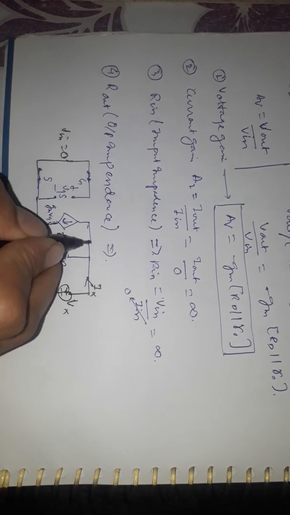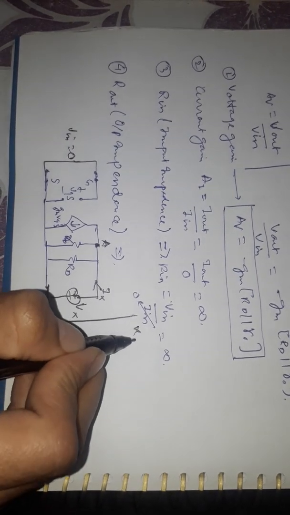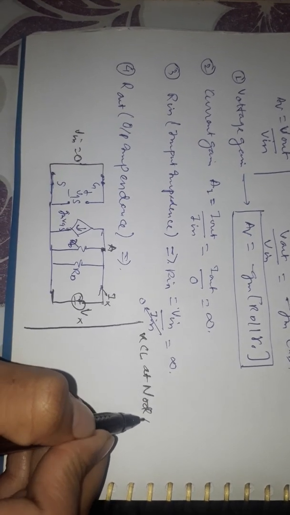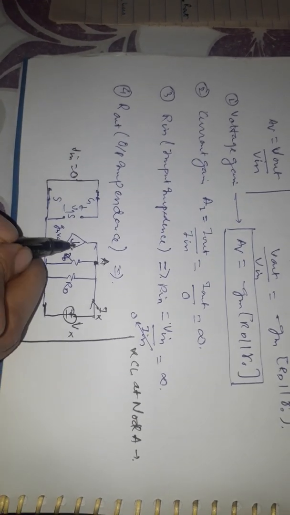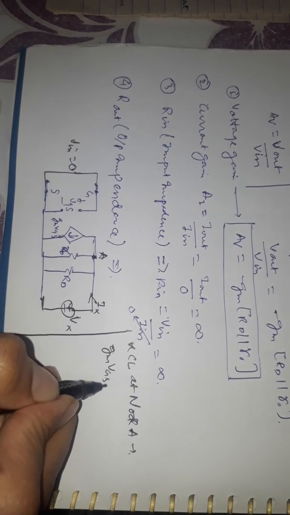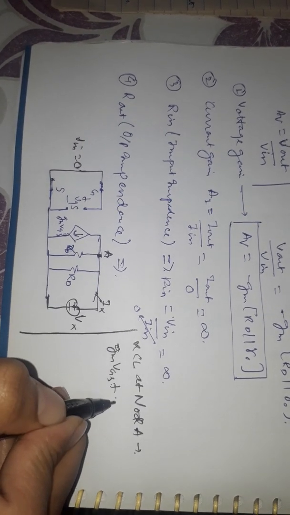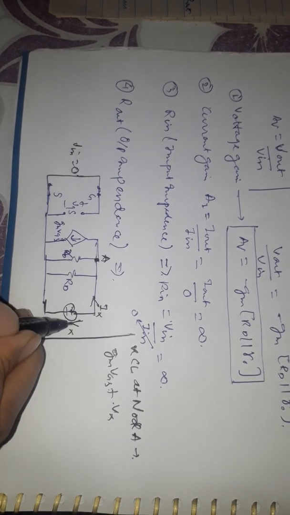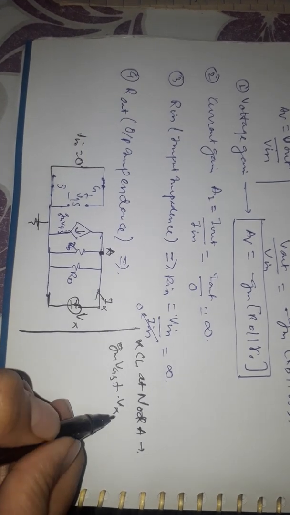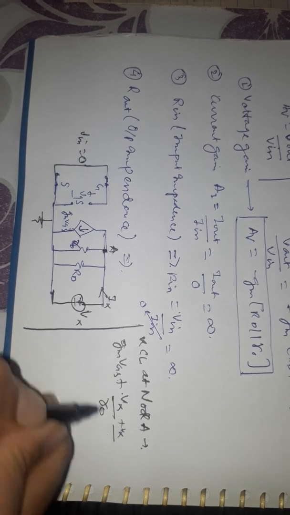Okay, so we will consider a node A over here, and we will apply KCL at node A. Since the current is going outwards, gm VGS, and over here at node A the potential is equal to Vx. So Vx by R0 and Vx by RD.